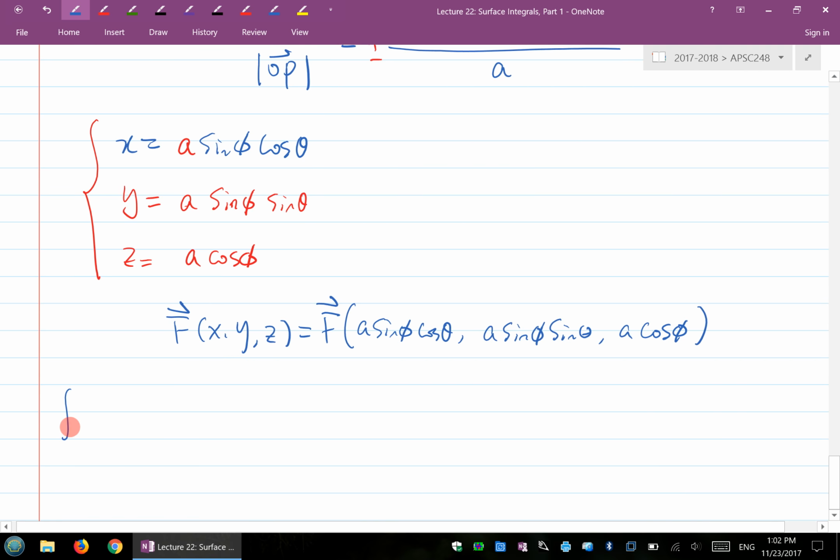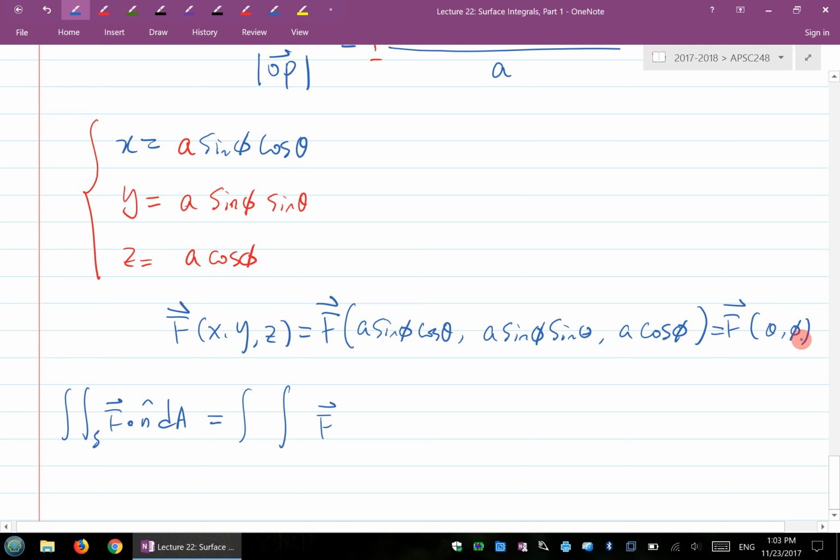So your surface integral, which is F dot n hat dA, what does it equal now? It equals a double integral of the F function, and the F function basically becomes a theta and phi function once you replace everything.